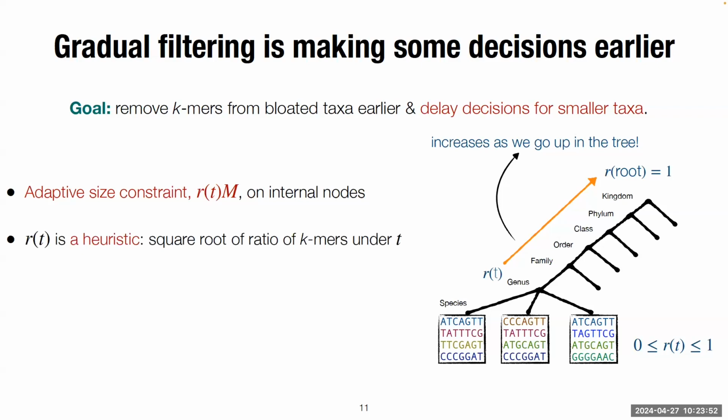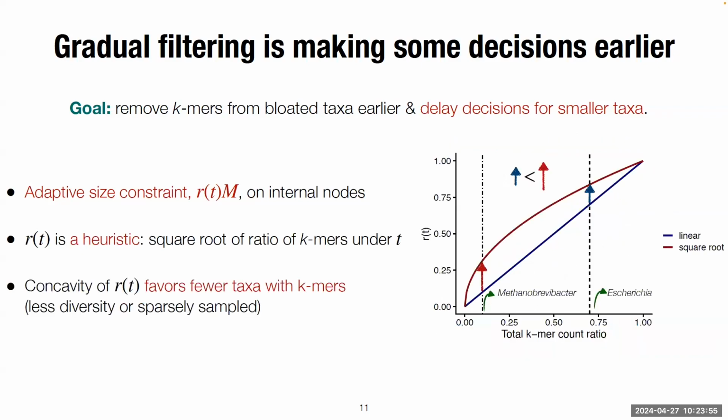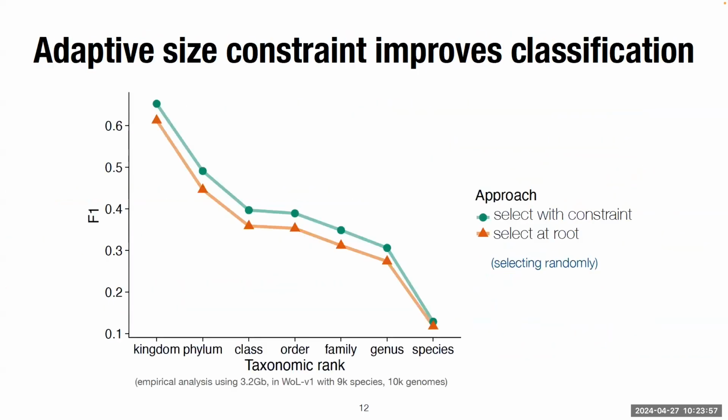I will skip these details in the interest of time, but just using this adaptive size constraint, instead of waiting until the end at the root, we could improve the F1 score of our taxonomy classification quite a bit. We have this green line, which is selection with constraint, and the baseline is the orange line, and we have a higher F1 score across all ranks.